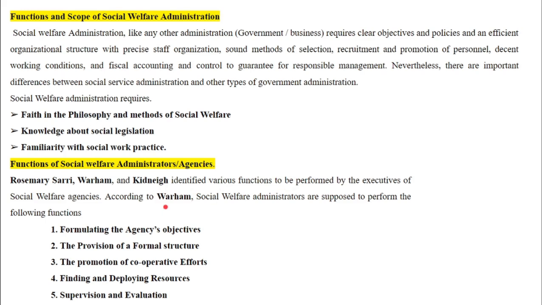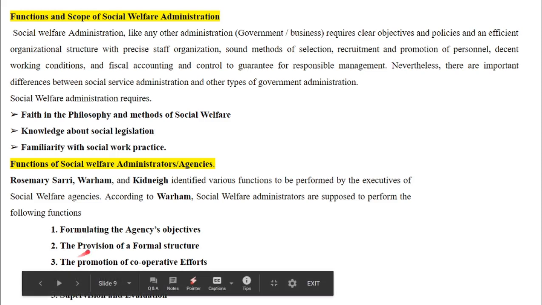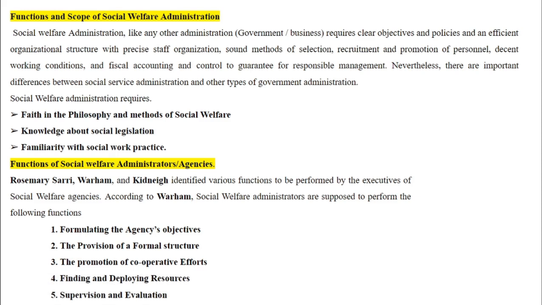According to Warham, social welfare administrators are supposed to perform the following functions: first, formulating agency objectives, then provision of a formal structure, promotion of cooperative efforts, funding and deploying resources, supervision and evaluation. So these are the important functions of social welfare administration or agencies according to Warham.